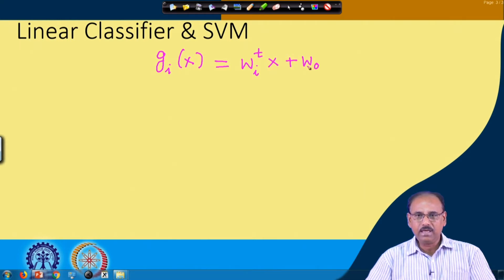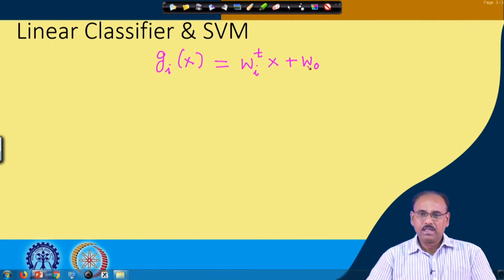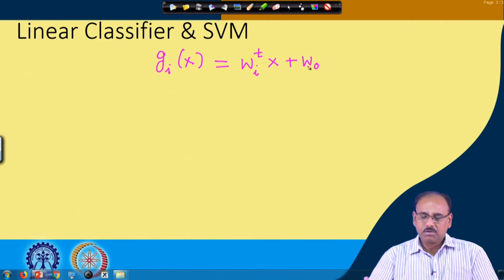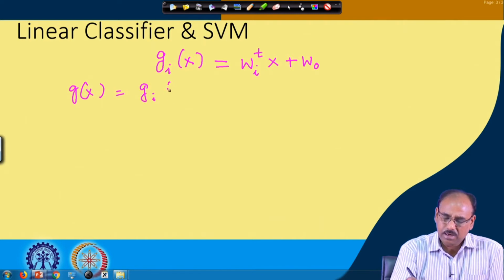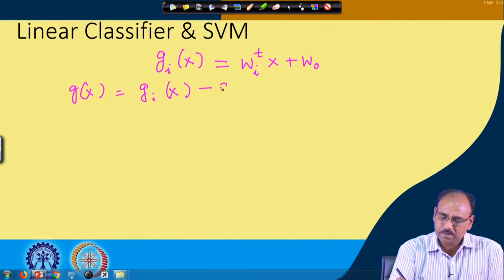So, in case of a linear classifier, what we tried to find is the boundary between two different classes, and when the discriminant functions are linear, the boundary between two different classes is also linear. The boundary between the two classes is given by g x is equal to g I x minus g j x.